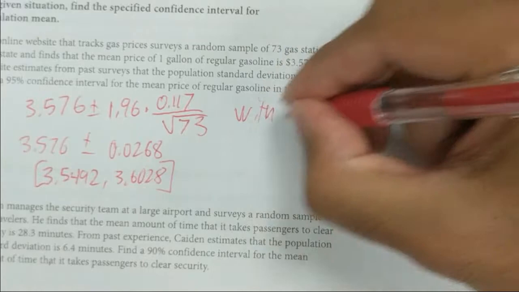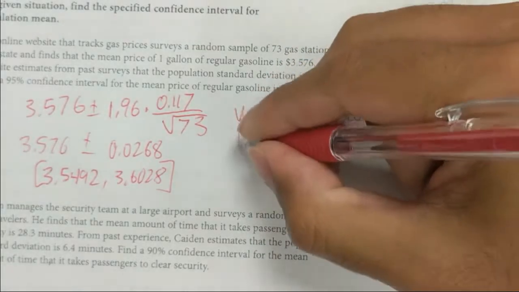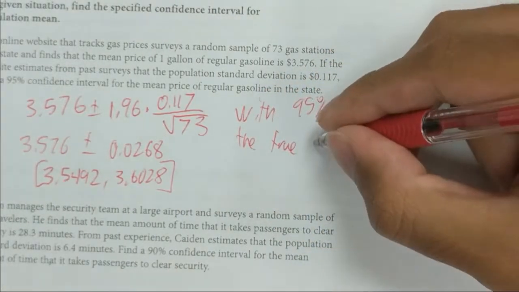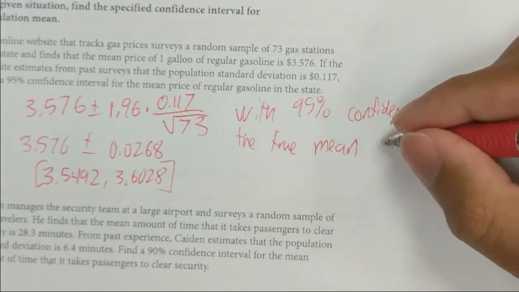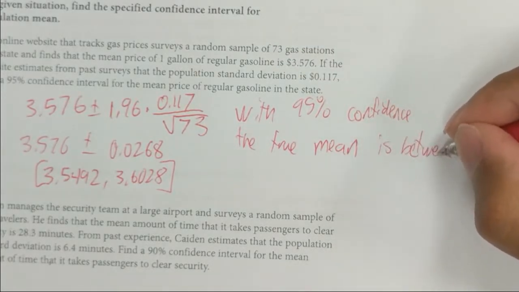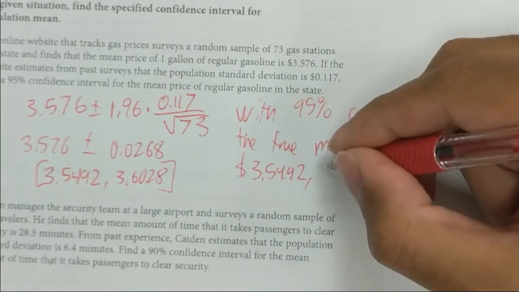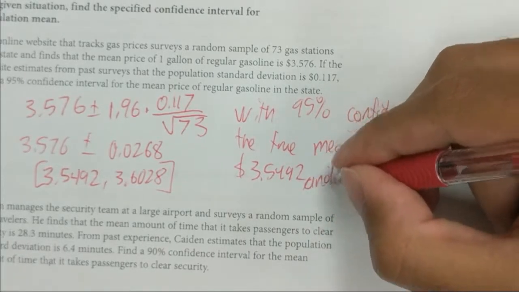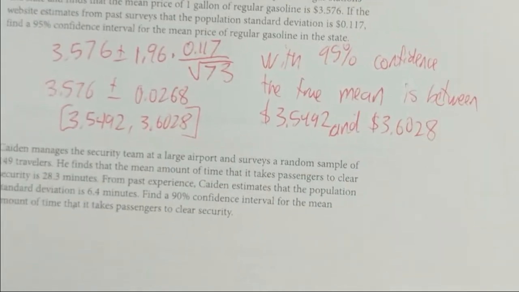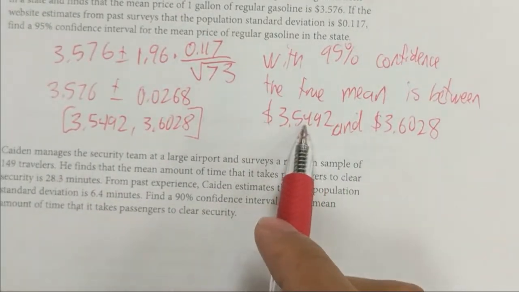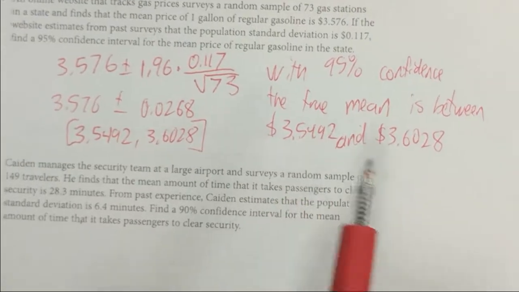So with 95% confidence, the true mean price of gasoline is between... Normally we don't really go past 2 decimal points for money, but gas stations do charge fractions of a penny, so why not?